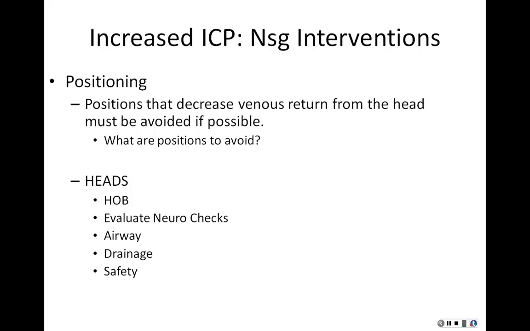Otorrhea or rhinorrhea may be signs of cerebral spinal fluid leaking. If it is, that's going to be a straight line to the brain, for infection. If it is a leak, it would test positive for glucose. Also, you can apply a sterile dressing over those areas.